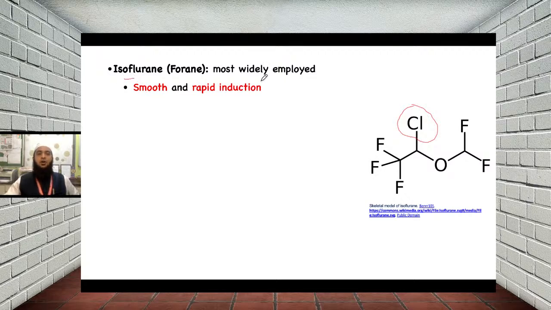It is also one of the most widely employed drugs. The reason is that it produces smooth and rapid induction of general anesthesia, and very importantly, there is very little metabolism. In enflurane, the metabolism is between 0.2 to 2%, a wide range, whereas isoflurane produces metabolism of up to 0.2%, which is negligible.